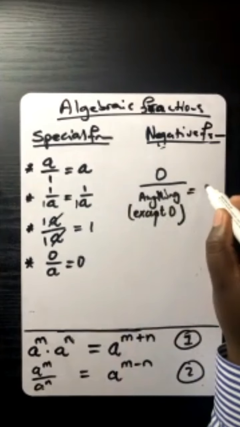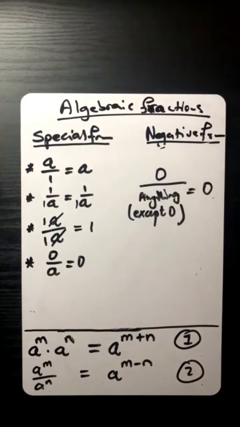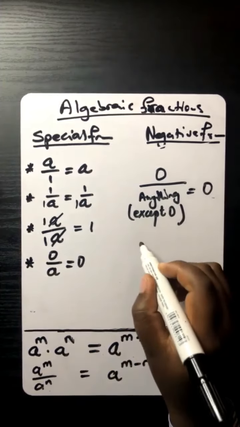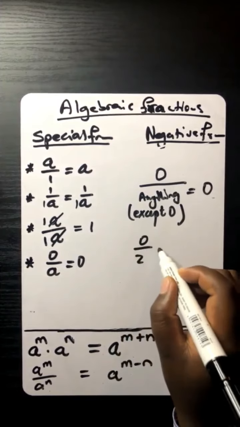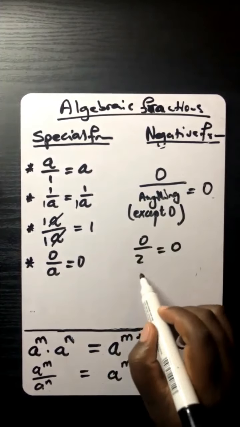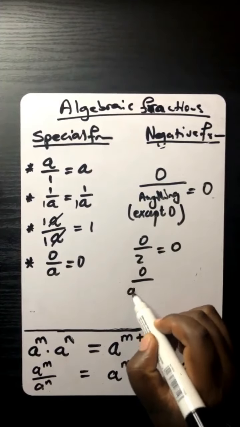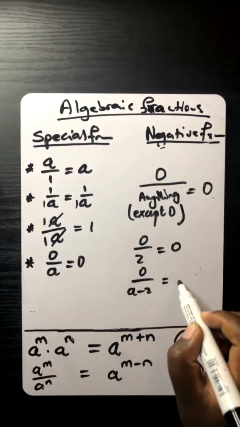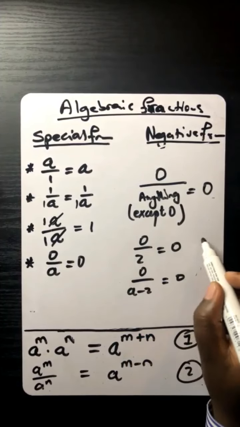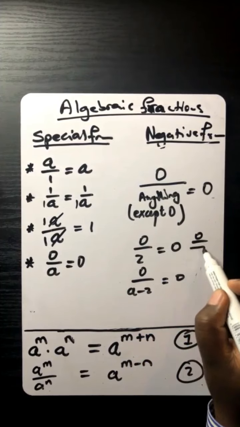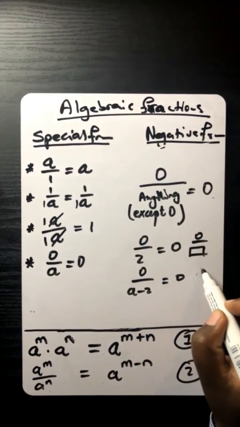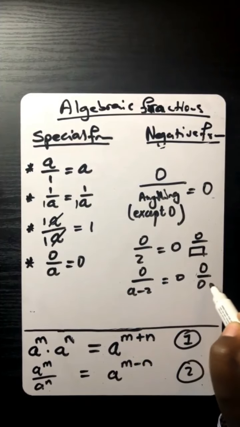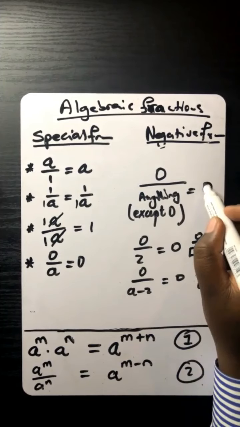It's equals to 0. Guys, I'm not sure if that part makes sense. So it's more like if you have 0 divided by 2, this is equals to 0. If you have 0 divided by any letter from A up to Z, this is equals to 0. If you have 0 divided by anything, guys, except 0 divided by 0, then it's 0.